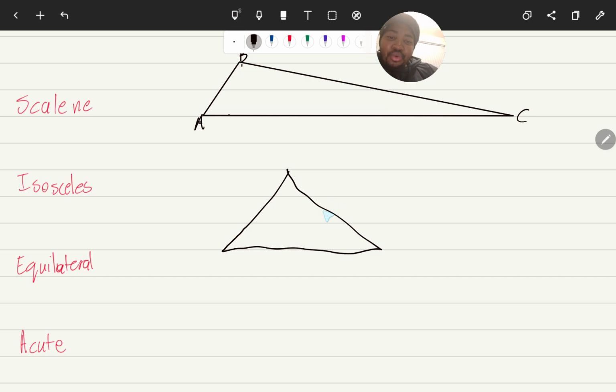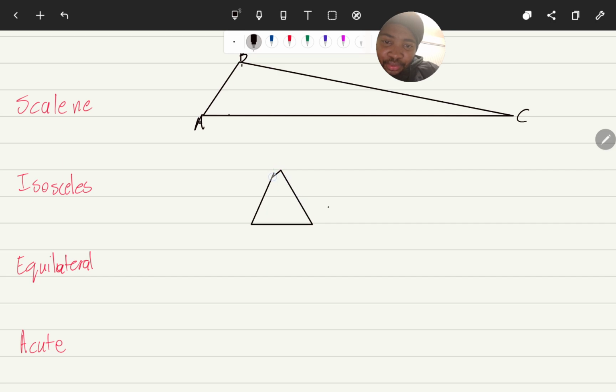These two sides are equal, and these two angles are also equal. So an isosceles triangle has two sides equal and two angles equal.